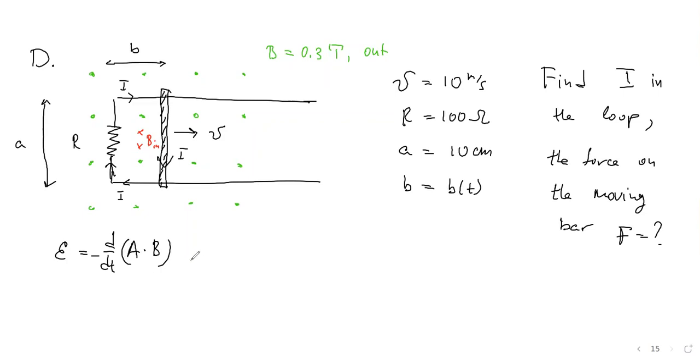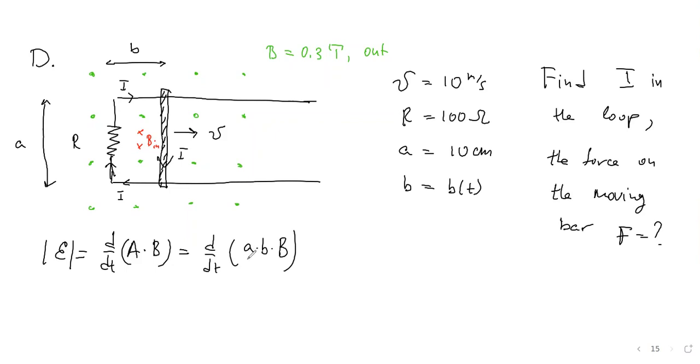For the area, now try to follow me because I'll try to derive a nice equation. Let's forget about sign because sign is just a direction. I don't want to care about sign, so it's a magnitude. So area, if you agree with me, would be parameter A multiplied by parameter B. Parameter A is constant.